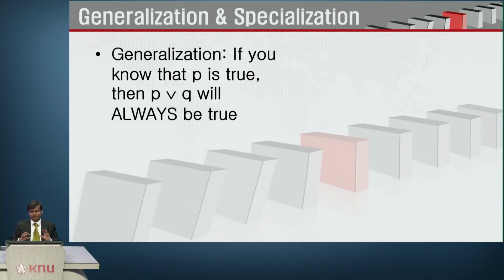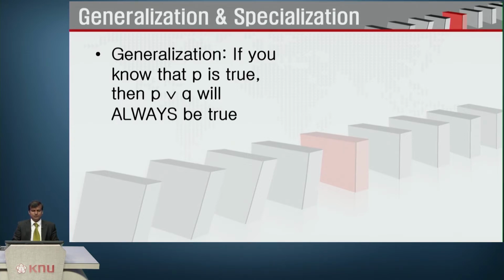Generalization and specialization. We will come across this again later on in our coming lectures, how to express these terms. But this gives you the very basics of what a generalization means and what a specialization means.